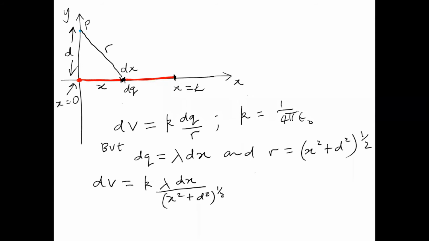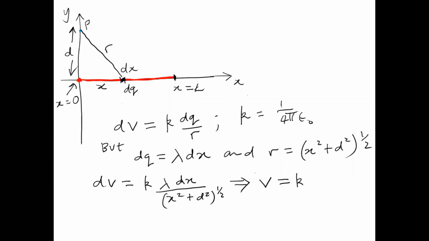If you inspect this equation very well, you realize k is a constant, lambda is a constant, and d is also a constant. The only thing that is not constant is x. So you can actually integrate. On the left-hand side, it will just be equal to V. On the right-hand side, k is a constant, so I'll factor it out.